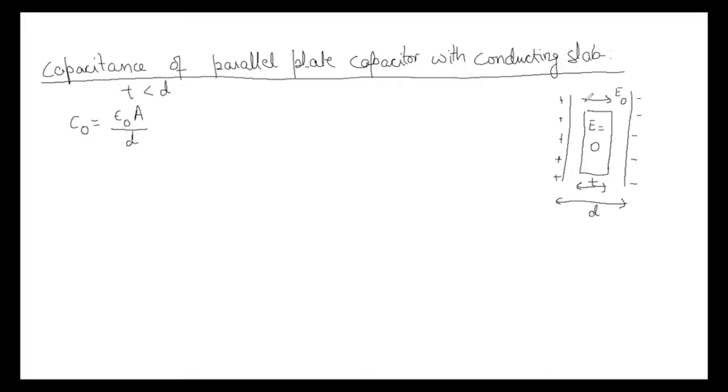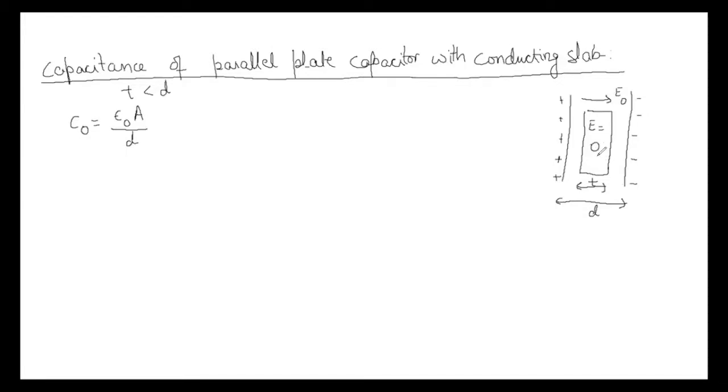Now, when a conducting slab of thickness T is inserted between the plates of the capacitor, the potential will exist only for D minus T distance. Why? Because inside this conductor, the net electric field is zero.